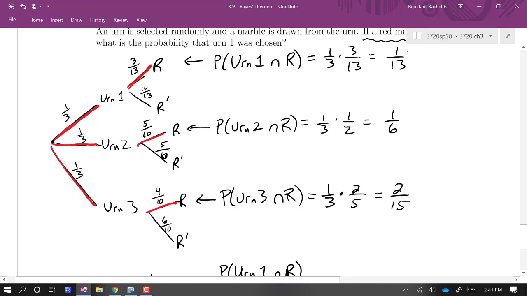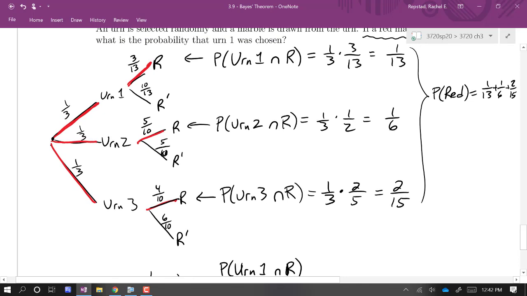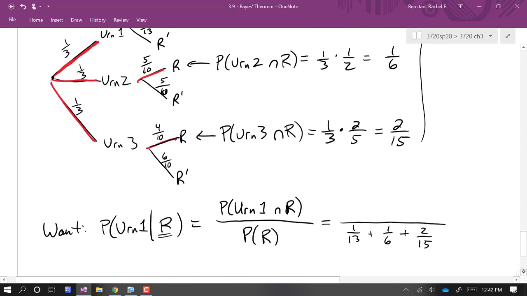These together tell us the probability that we drew a red marble. So that's the bottom. Now the top is the probability that I picked urn 1 and drew a red marble, and that's just one of these. That is this 1 out of 13. So that's what goes on top.